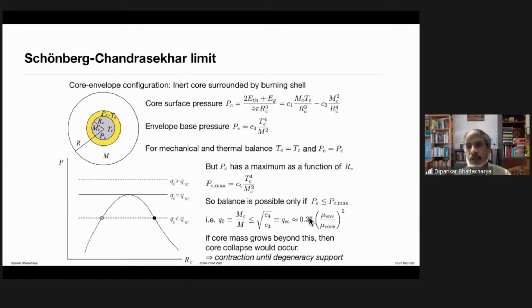So this is a number. It depends only on the composition. And q is the mass ratio. So the mass ratio of the core cannot exceed a maximum limit.